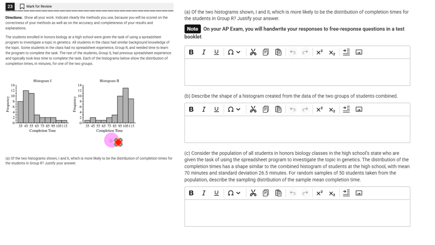Group R had to learn. Group S, this is the completion time. So most of them completed it first. So this is probably S. Most of them took longer to complete it.